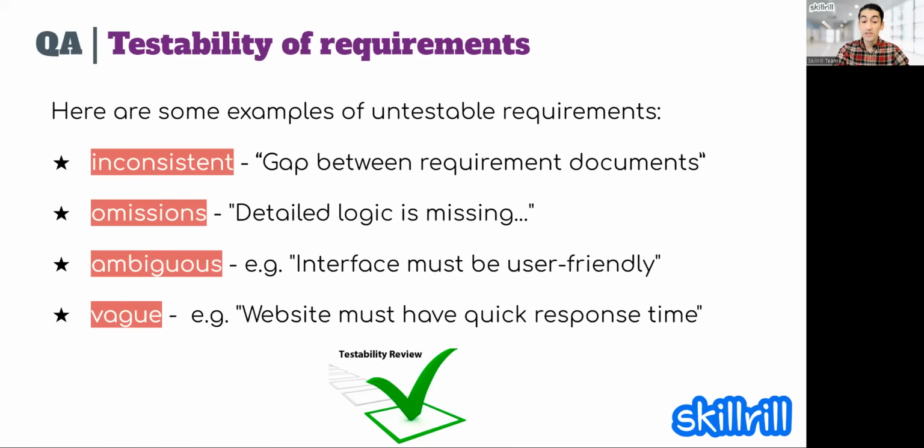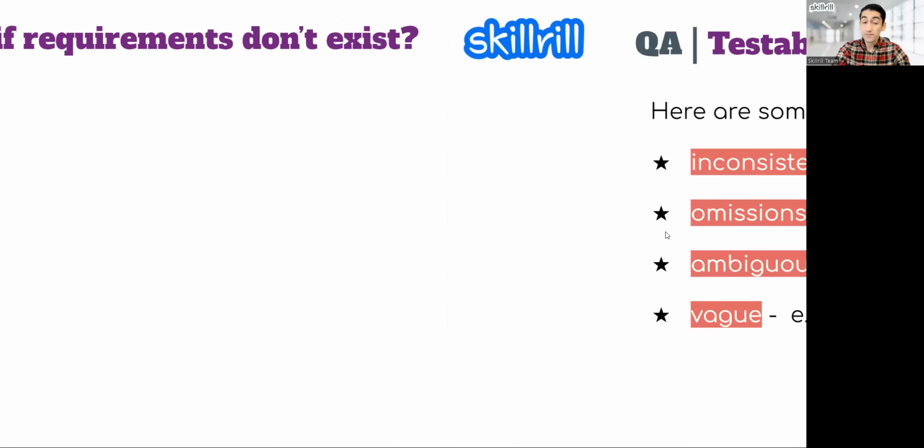Not necessarily complete. So there might be certain requirements which are completely missing. You might have the wrong version of the document. So it's when you have to do your due diligence and make sure you have the correct version of the document, and then be more communicative, more proactive, basically.